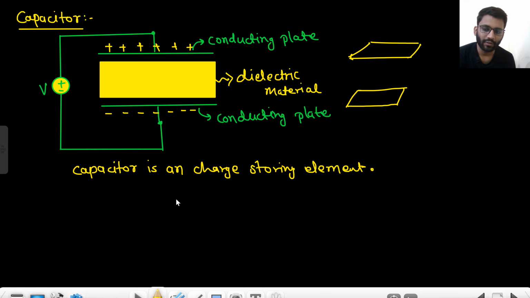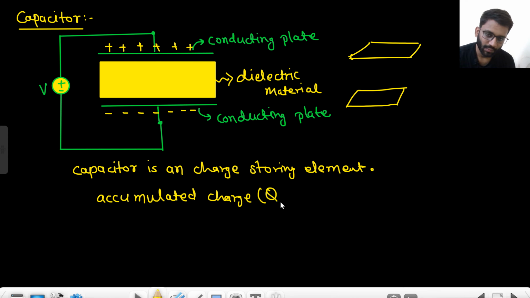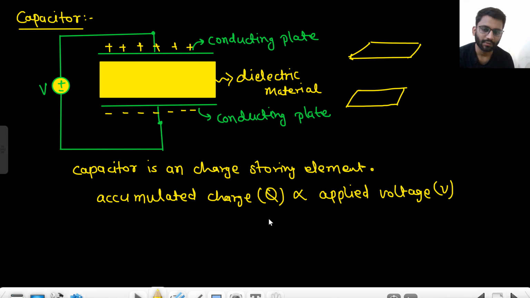So what we can write is that the charge that is accumulated, positive, and the same amount of negative, accumulated charge Q, is proportional to the applied voltage V. So Q is proportional to V. So basically Q equals CV.